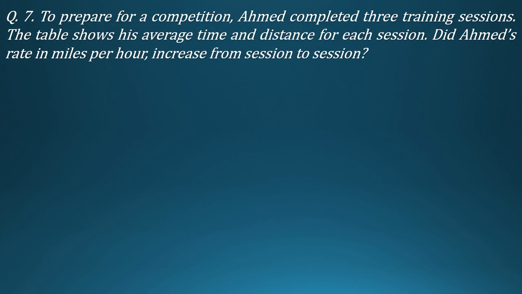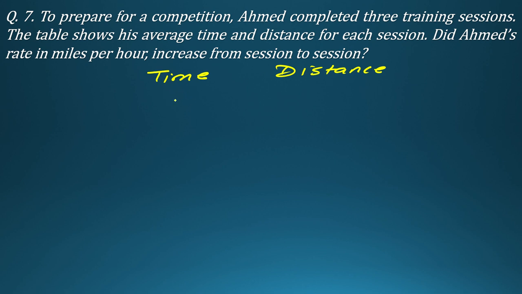Now another question can be: to prepare for a competition, Ahmed completed 3 training sessions. Okay, I think I forgot to write the table here. The table shows the average time and distance. Luckily I have this book with me, so I will write the table here, time and distance. Distance is in miles and time in hours, or you can say kilometers, whatever it is, it's okay.